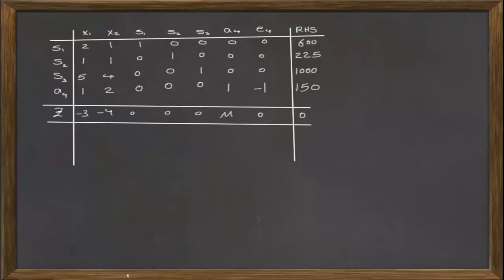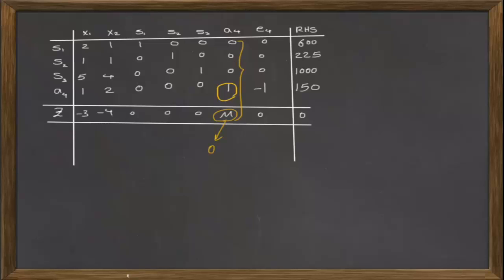However, before we start solving the problem, we have to do some manipulation in the row of Z. If you look at this table, A4 is a basic variable and has a coefficient of M in the objective function, whereas according to the definition it should have the value of 0, and anything besides this value in this column should be 0. So now we have to do some manipulation in this row to make that change happen, to change that M to 0.